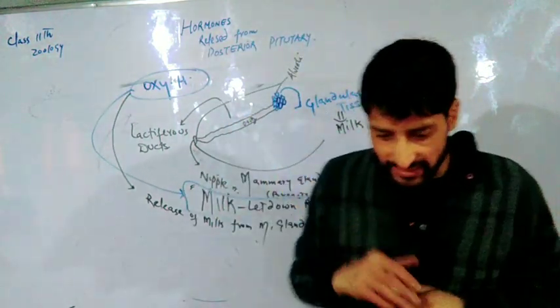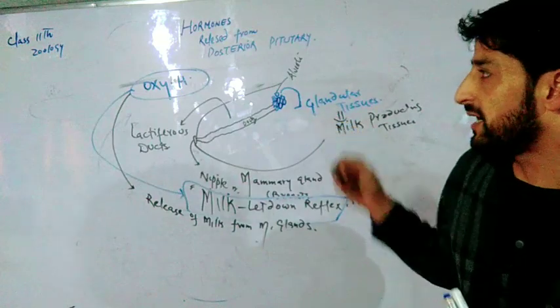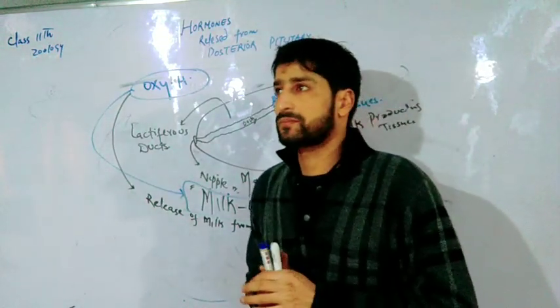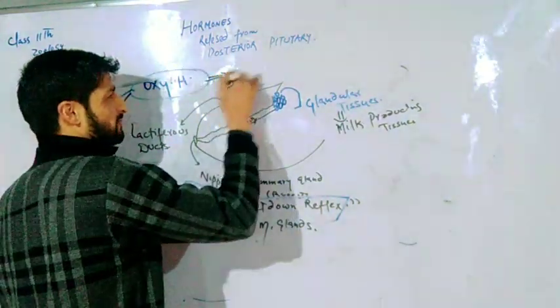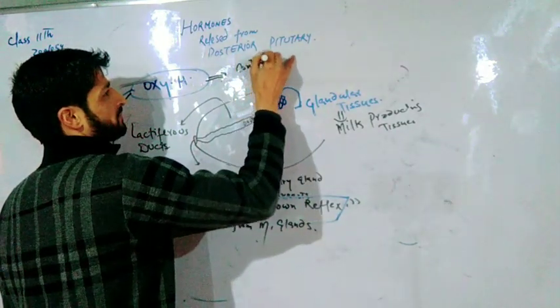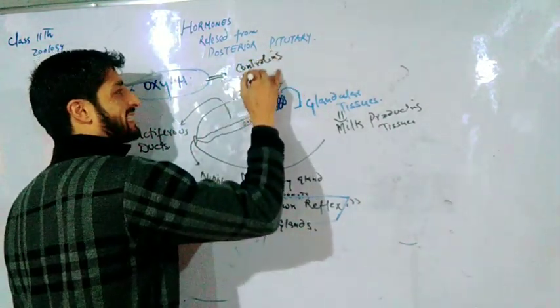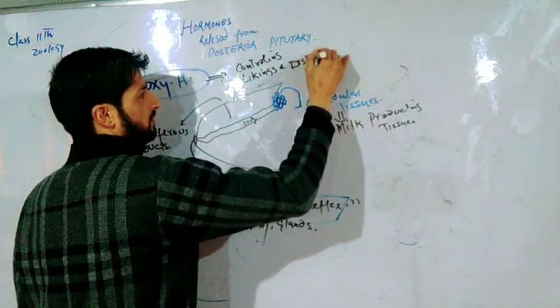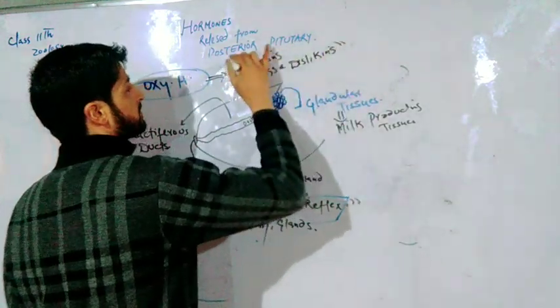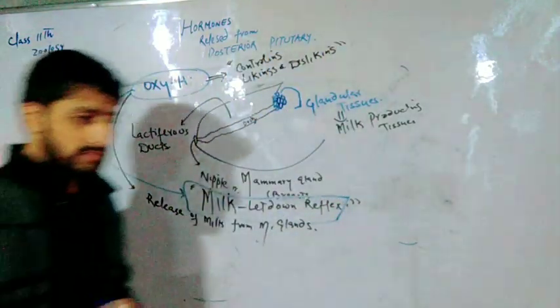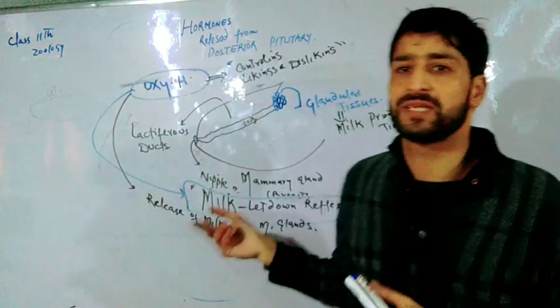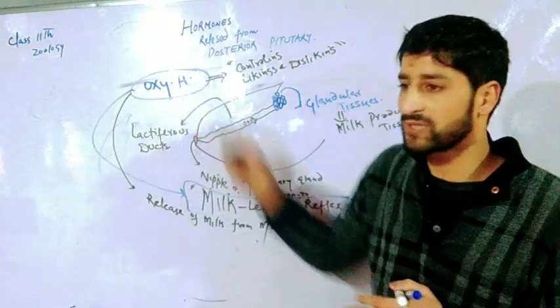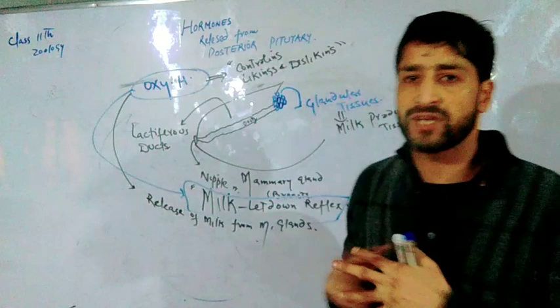Also, remember one more thing: this oxytocin hormone has a very unique role in controlling likings and dislikings. Scientists say that it is this hormone that is responsible for social bonding.